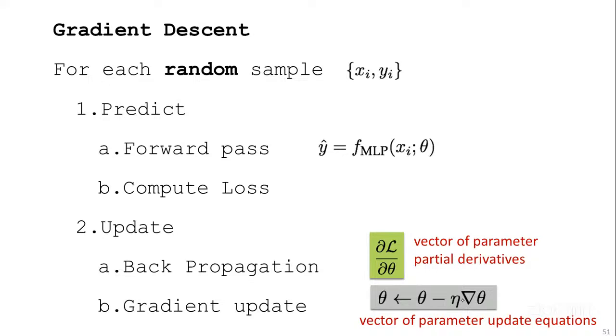Now I am saying the derivative of loss with respect to theta. Theta is all parameters basically, right? If there are 10, I need those 10 derivatives, and then we need to update. That is why we are saying vector of parameter partial derivatives and vector of parameter update equations. Okay, so far so good.